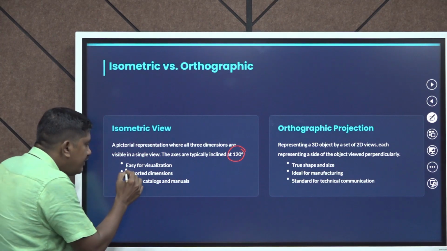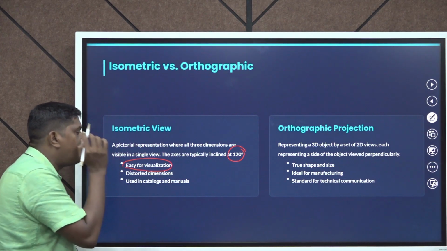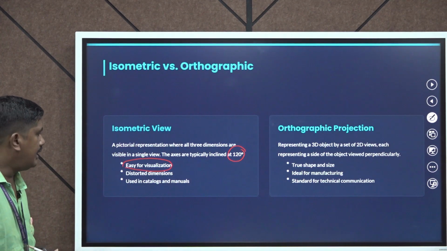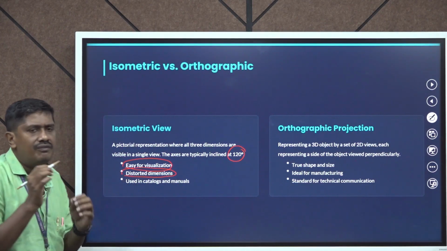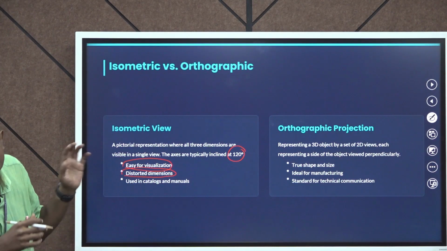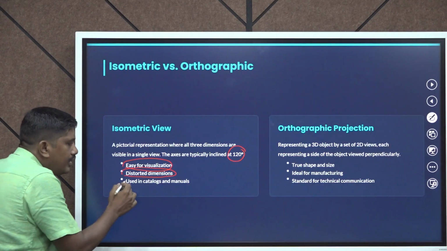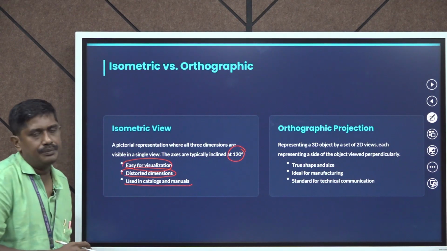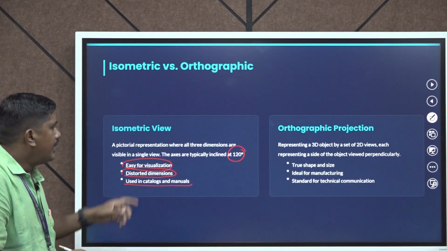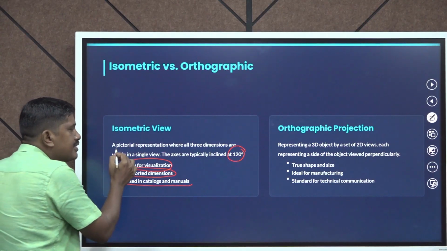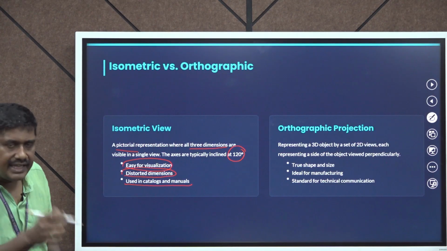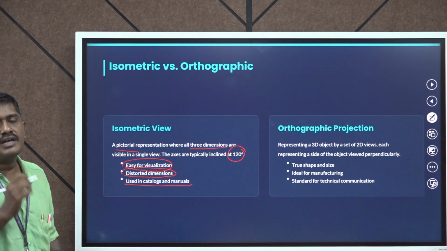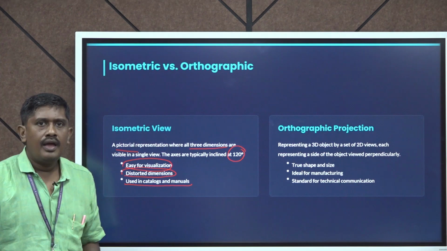So, it is easy for visualization, and distorted dimensions are foremost in isometric, which is used for manual purposes. This pictorial representation of 3-dimensional in a single view is called an isometric diagram.